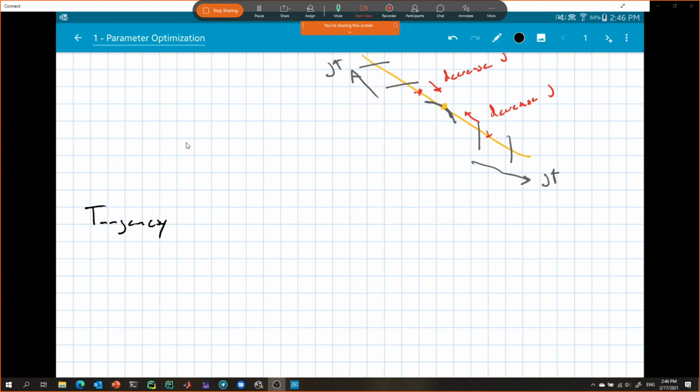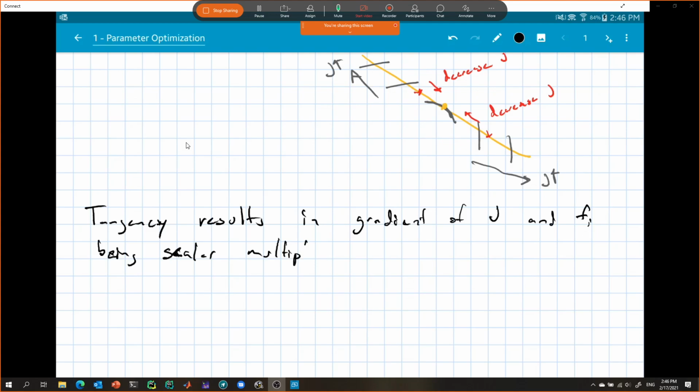tangency results in gradients of J and F being scalar multiples of each other.